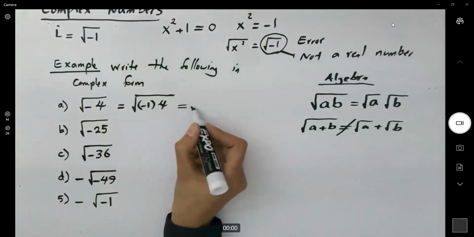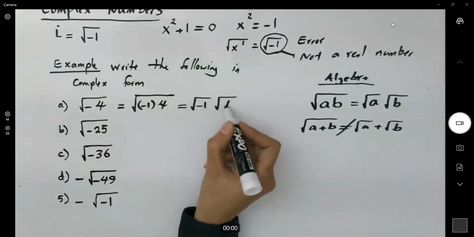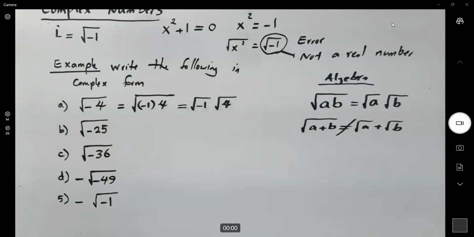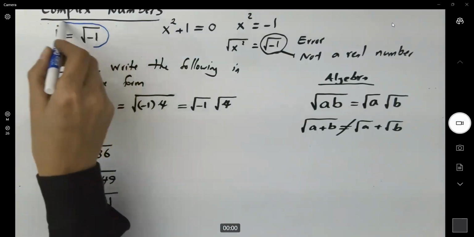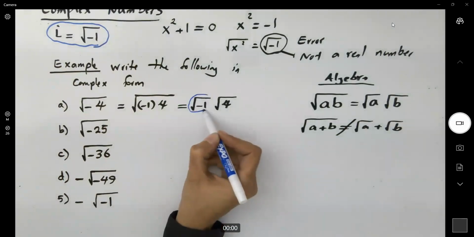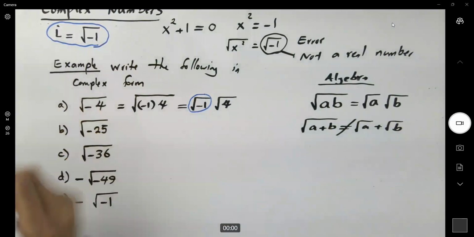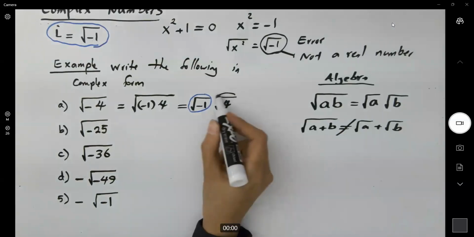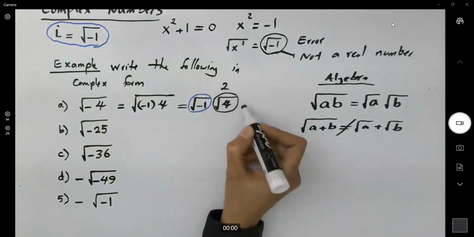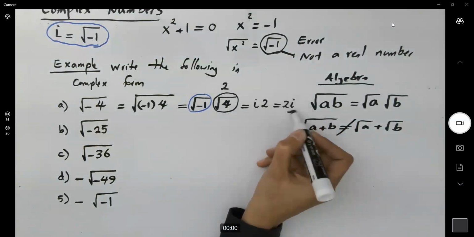You can write it in separate form: square root of -1 times square root of 4. Well, I already know that square root of -1 is nothing but i. So wherever I see square root of -1, I'm going to use its notation, which is i. And at the same time, square root of 4 is just 2. So I get i times 2 or 2i.